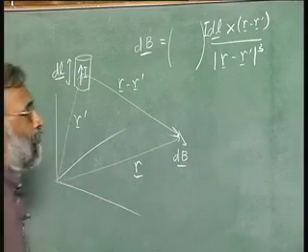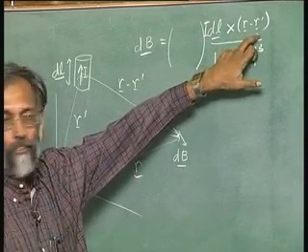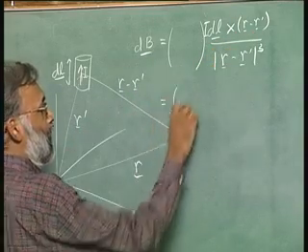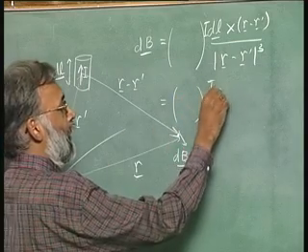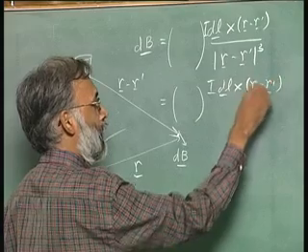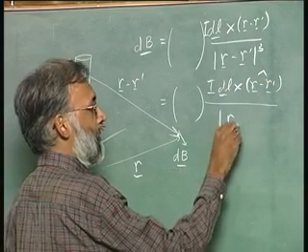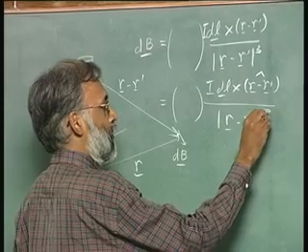Now, if I keep only the direction and drop the magnitude, I can write this as normalization constant I dl cross R minus R prime unit vector divided by R minus R prime squared.